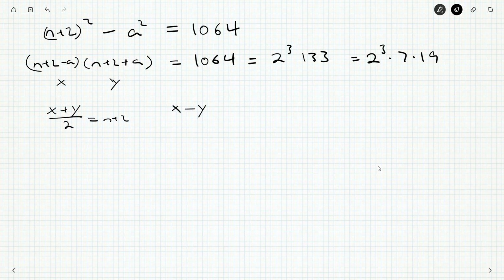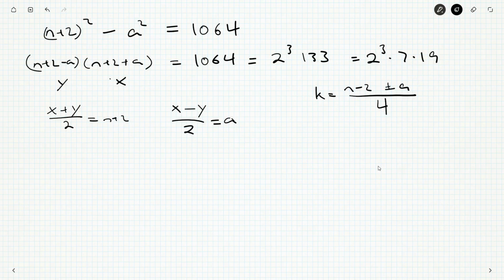Y minus x. I'm going to switch the order then. This one's x, this one's y. X minus y over 2 would then have to be my a. Now it's k is equal to n minus 2 plus or minus a over 4.